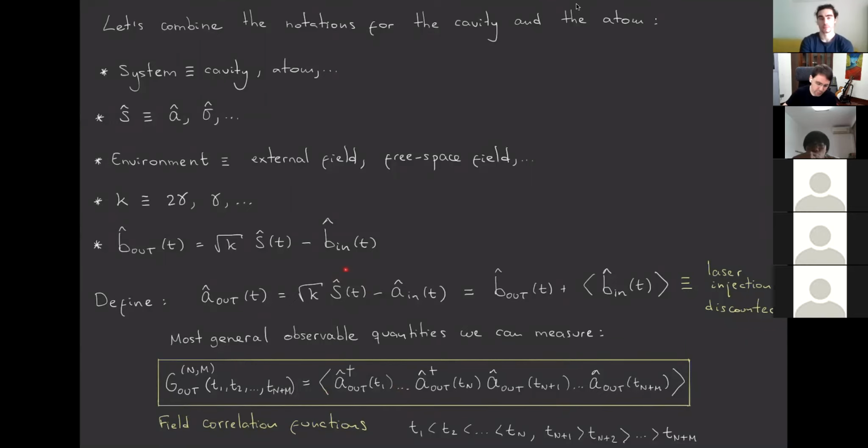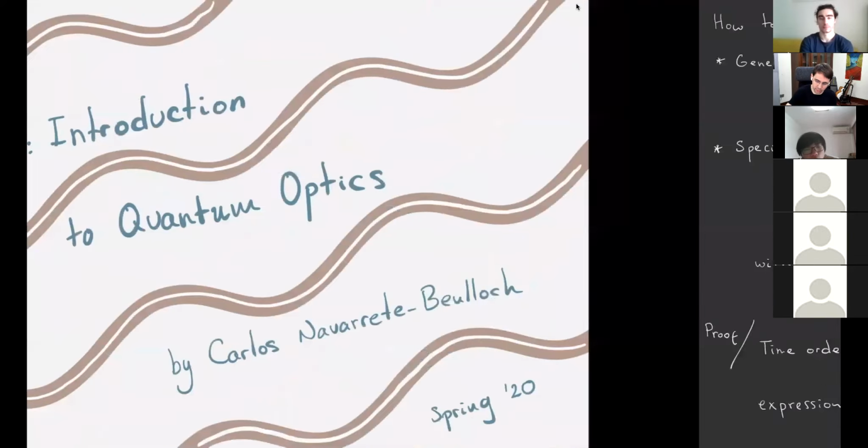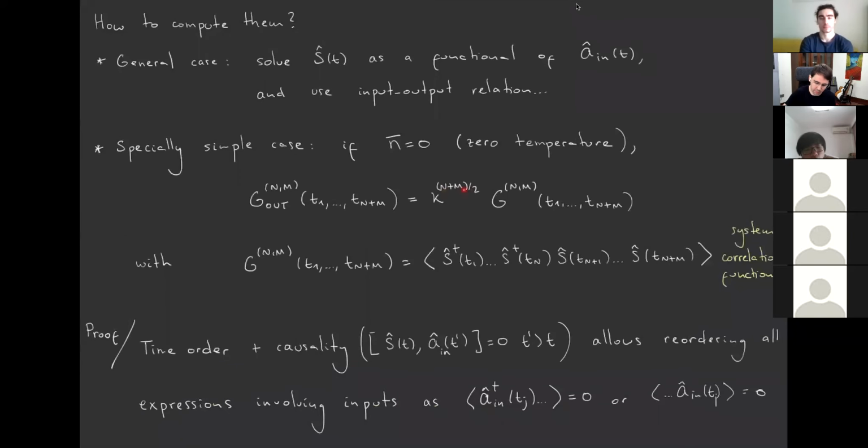However, you are left with the contribution that has all intracavity operators, and each intracavity operator contributes with the square root of kappa. And you have n plus m, so you are left with kappa to the n plus m over 2, and then the corresponding correlation function for the intracavity modes.